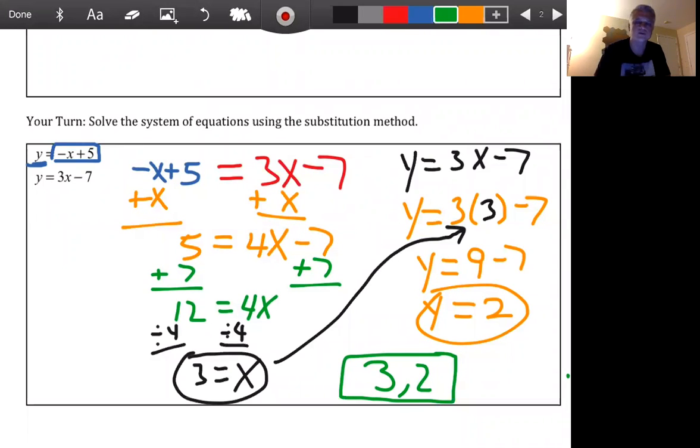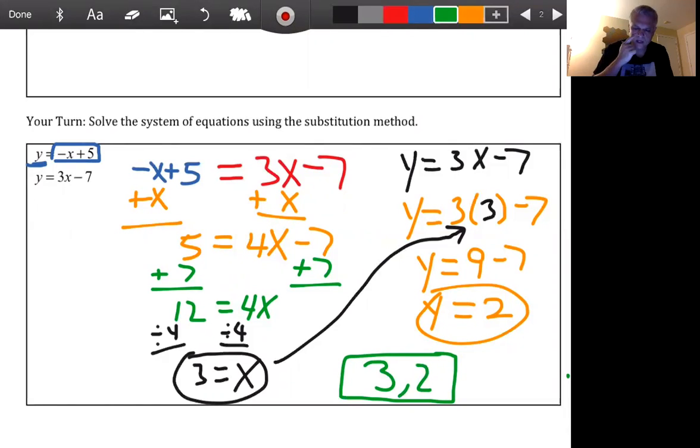Hopefully you took the time to do this, but I substituted for the first equation, where the y is isolated. I took negative x plus 5 and substituted it right there for the second y. So I had negative x plus 5 equals 3x minus 7, which I wrote right here. Then I solved.